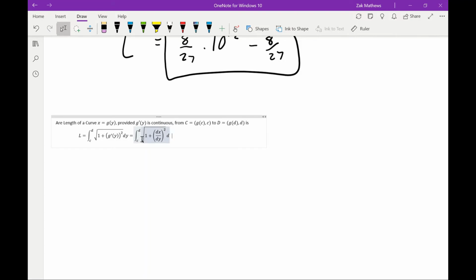So it's the exact same formula, it's just we're doing everything in terms of y now, but it's otherwise exactly the same.